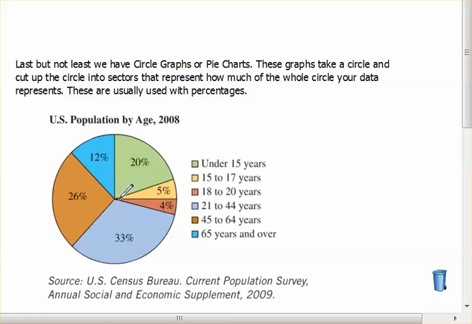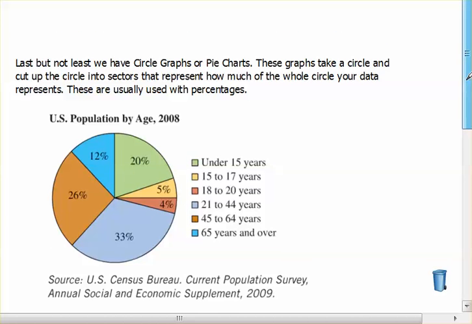So this would be just a little bit more than a quarter of the circle. These two sectors together are 25%, so they are exactly a quarter of the circle together. And then it's broken down even further into a smaller percentage and then 20%.